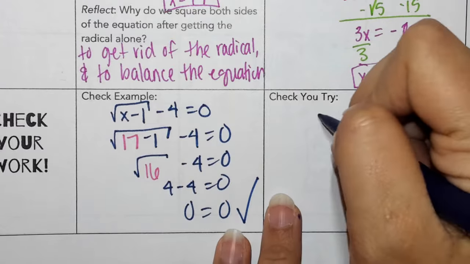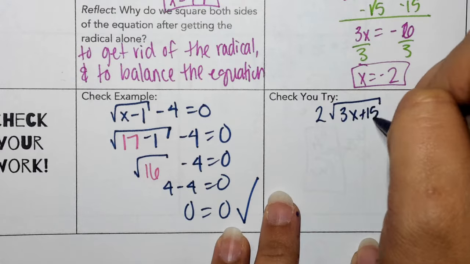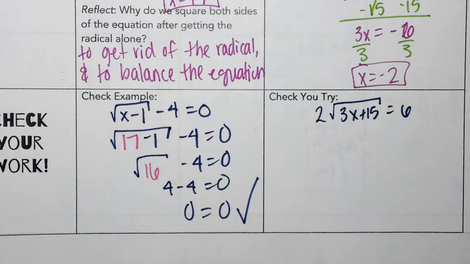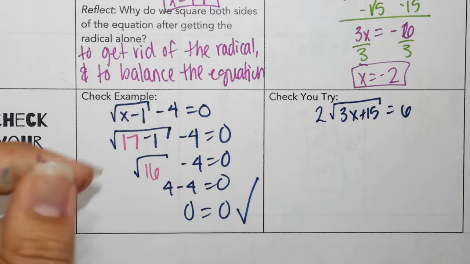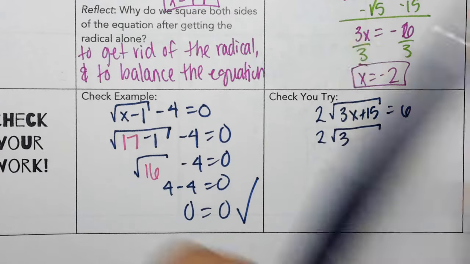Alright, let's plug in over here. We have 3x plus 15 equal to 6. Alright, what do we find x equal for this problem? -2. Yay.